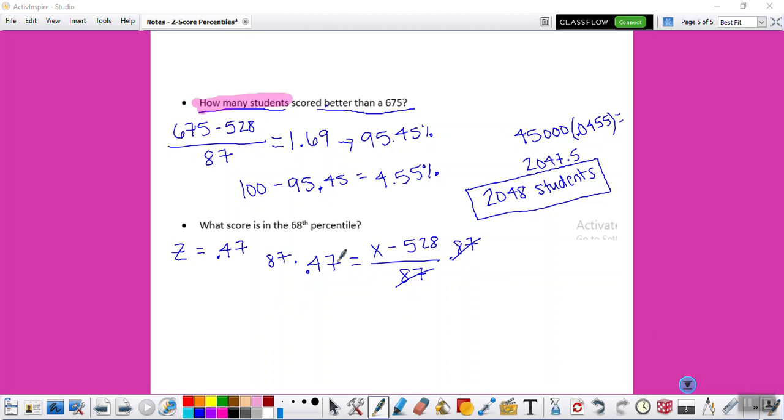So I get that 40.89 equals x minus 528. Add 528 to both sides. I'm going to get that x equals 568.89, except since the SATs don't do decimals for their scoring system and they always round to the nearest whole number, we would say that their score is a 569.